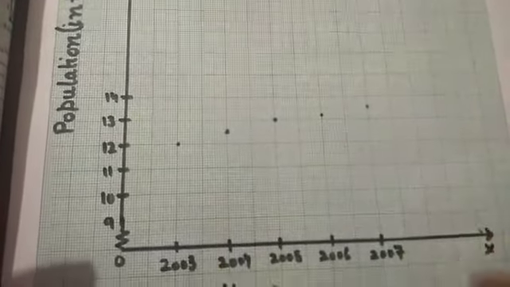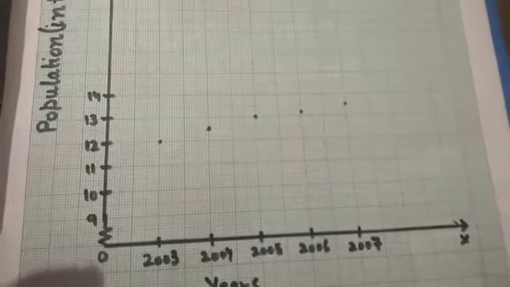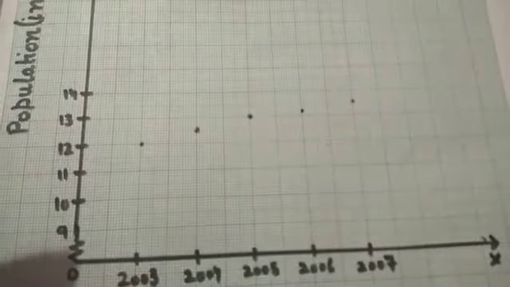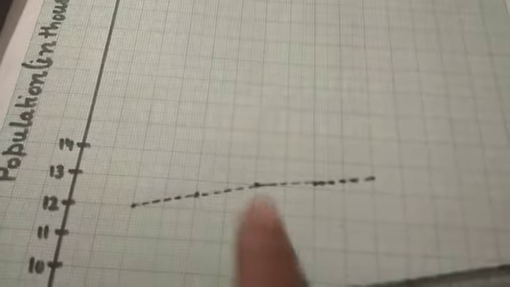Now we have to draw this. You know that when we have two values, one will be drawn with a dotted line and the second with a straight line. So we'll join this with the help of a dotted line, and we'll indicate here that the dotted line is the number of men.